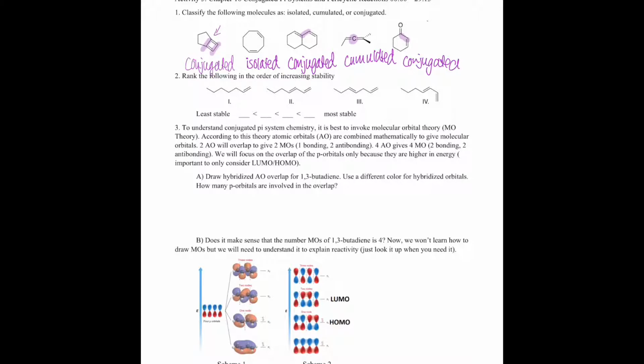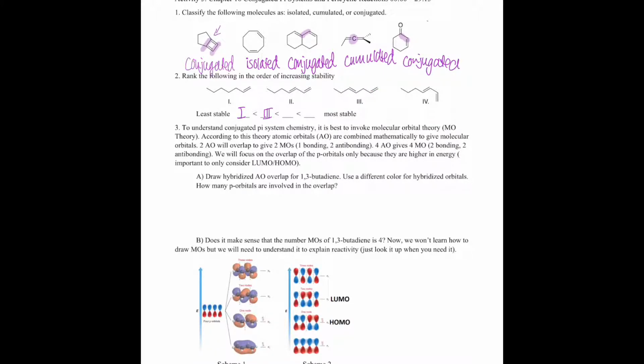Automatically we can see that number 1 is going to be least stable just because there's only one double bond, compared to 2, 3, and 4, which have two double bonds. Moving on, we're going to look at which one is conjugated and which one is not. We can rule out number 3 as being in this position because it's isolated. There's more than one single bond in between the two double bonds.